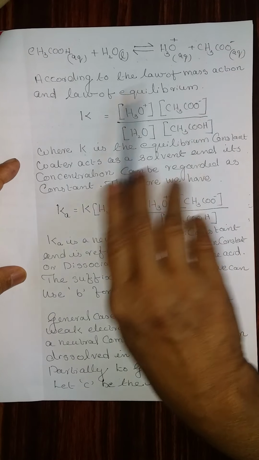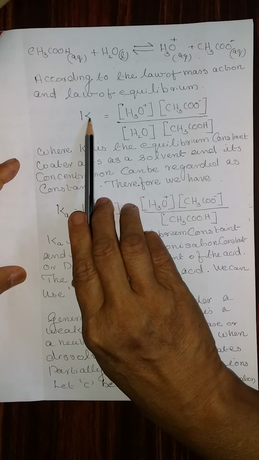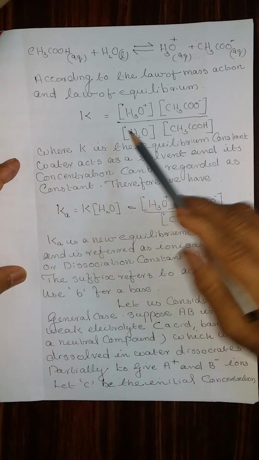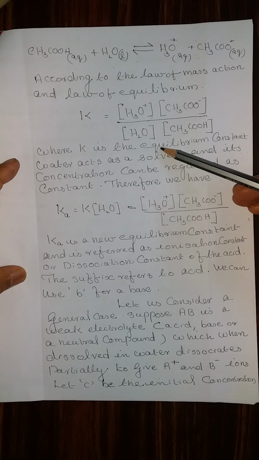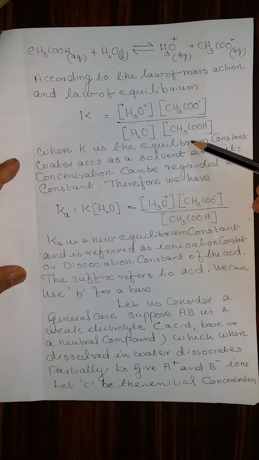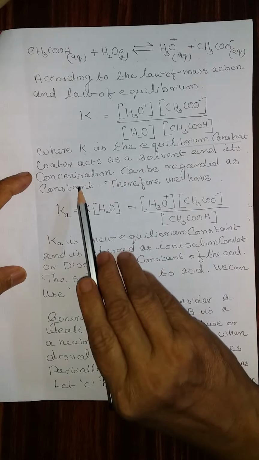According to the law of mass action and law of equilibrium, which you already studied, the equilibrium constant K can be represented as concentration of hydronium ion times concentration of acetate ion divided by concentration of water times concentration of acetic acid, where K is the equilibrium constant.